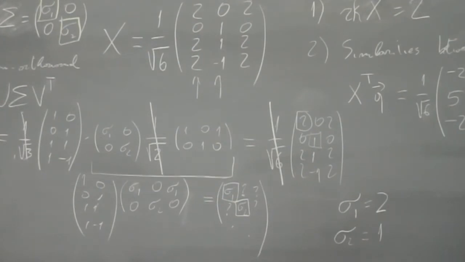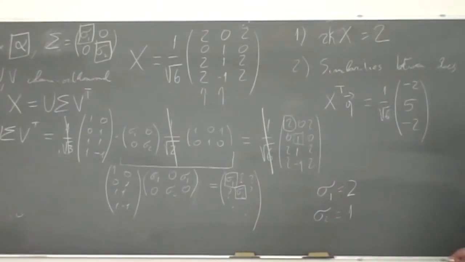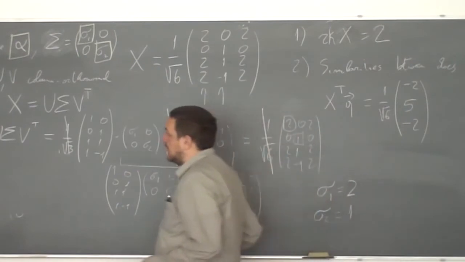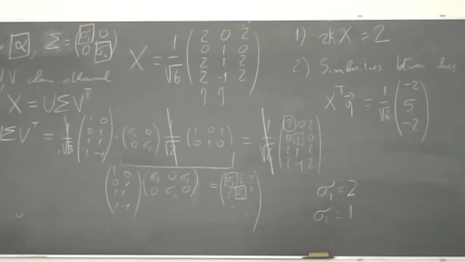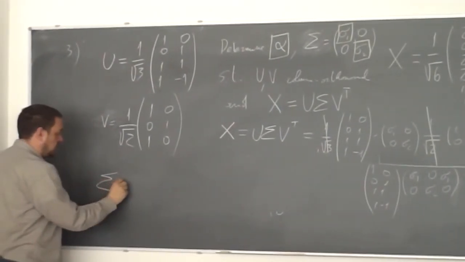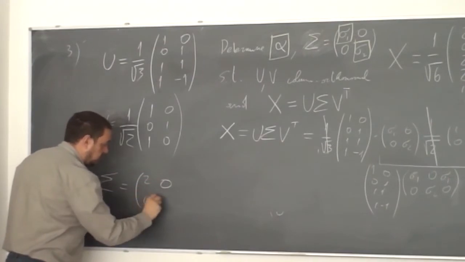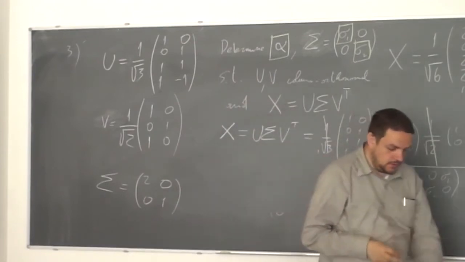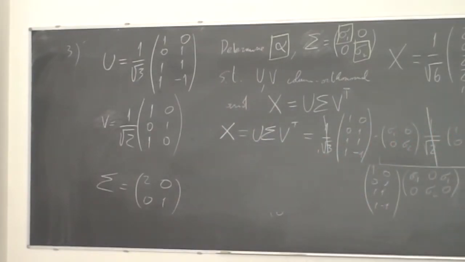So we have the full singular value decomposition of our matrix. U is 1 divided by square root of 3 times this matrix. B was already given. Sigma is 2, 0, 0, 1. The next question, let me retrieve it.